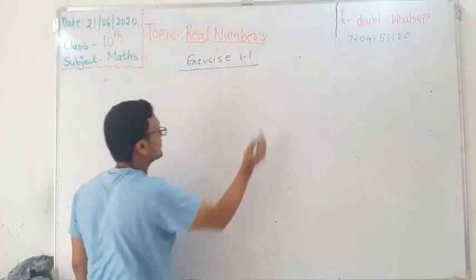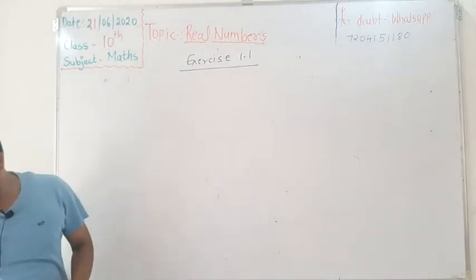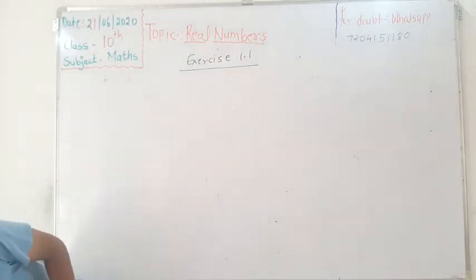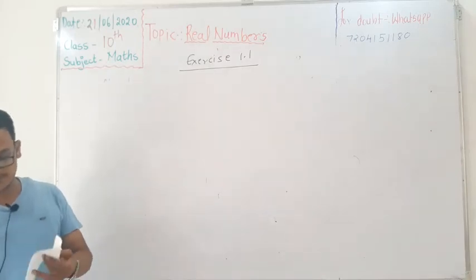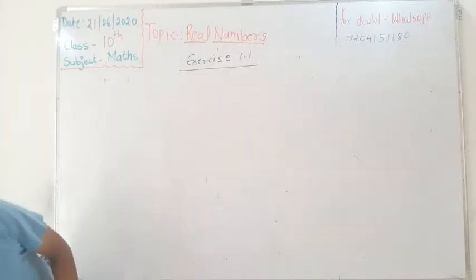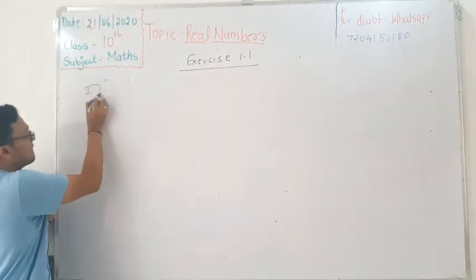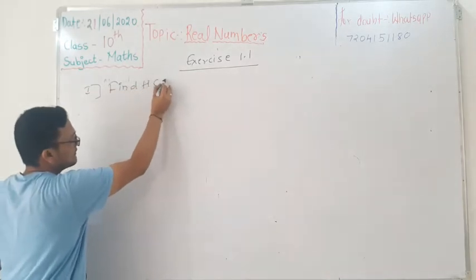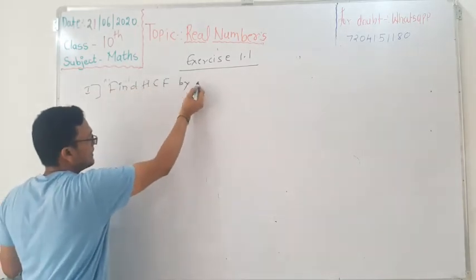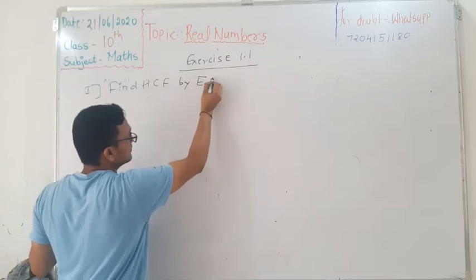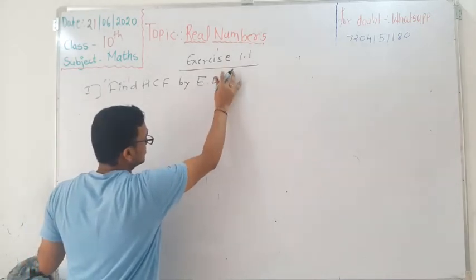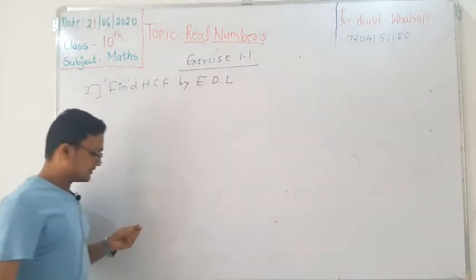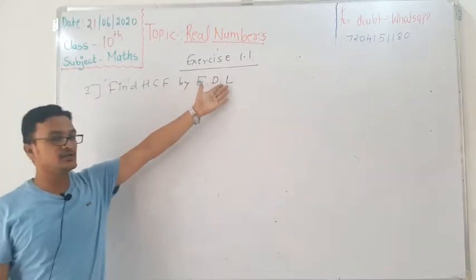So in this exercise 1.1 we have the first question. Find HCF by, I'll write in short, EDL, that is Euclid division lemma.